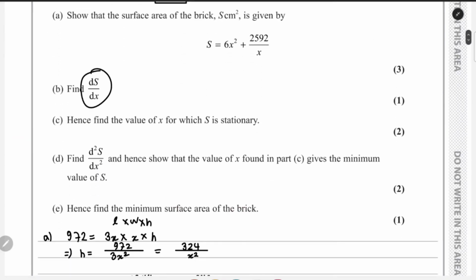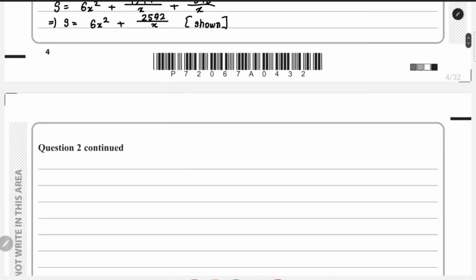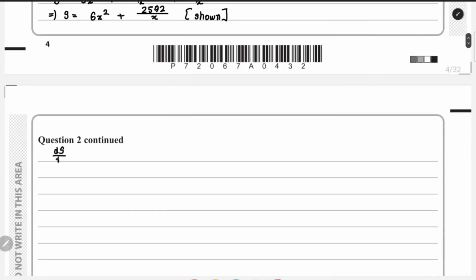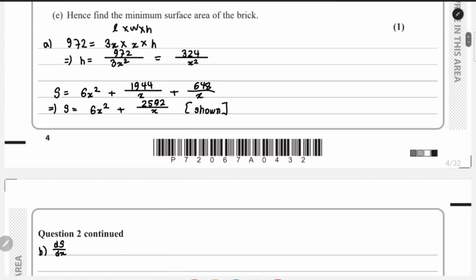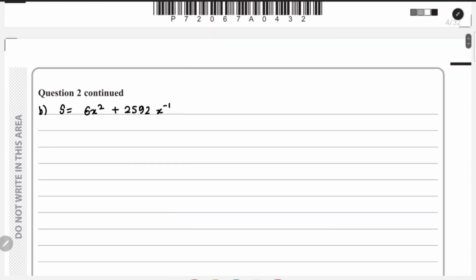Now in part B, we have to find the derivative of S with respect to x. So ds by dx, this would be, so S is basically 6x square plus 2592 x to the power minus 1.